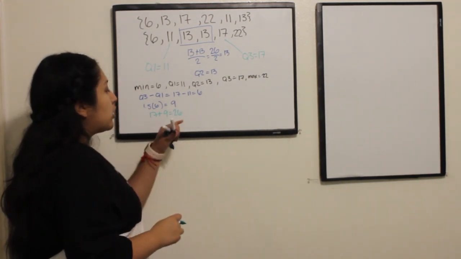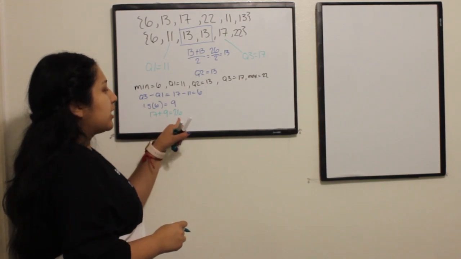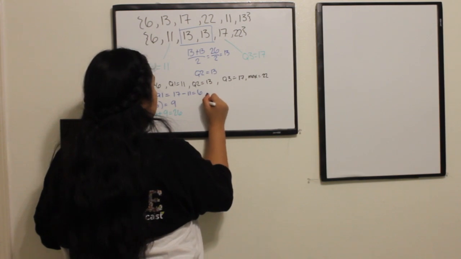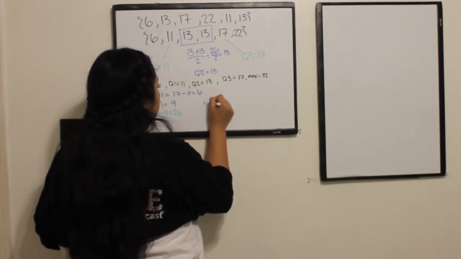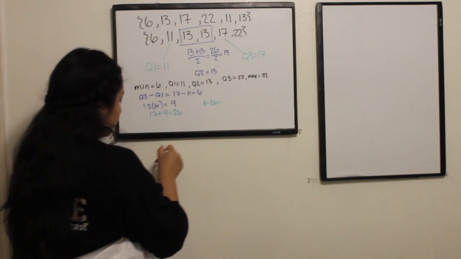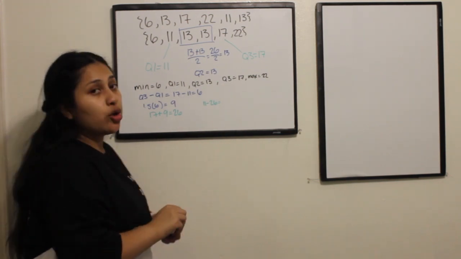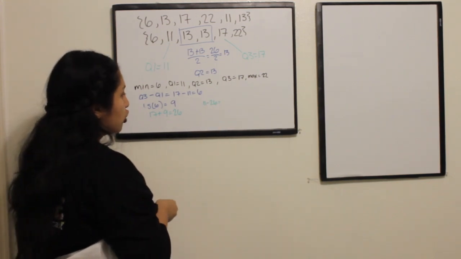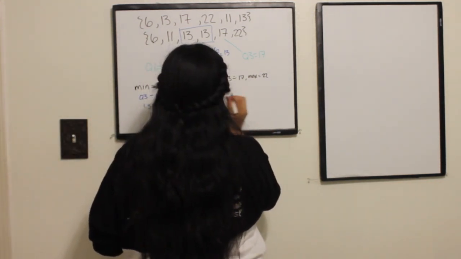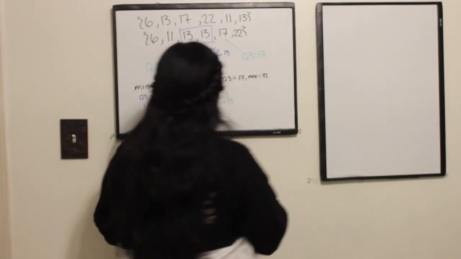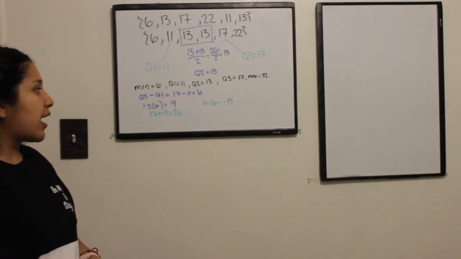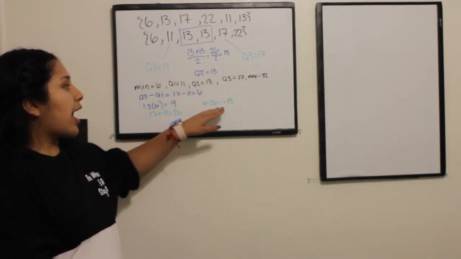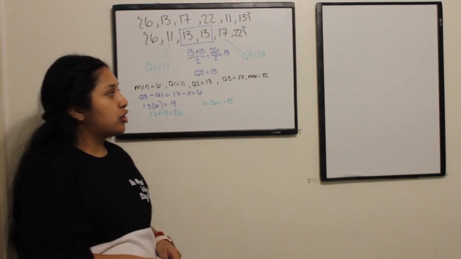Once we find our 26, we're going to subtract this number from our quartile number 1. So our quartile number 1 is 11 minus 26. By that, we already know we're going to have a negative number because we're subtracting from a bigger number. So our answer equals negative 15. With that, we will see that these will be used for our box and whiskers chart.